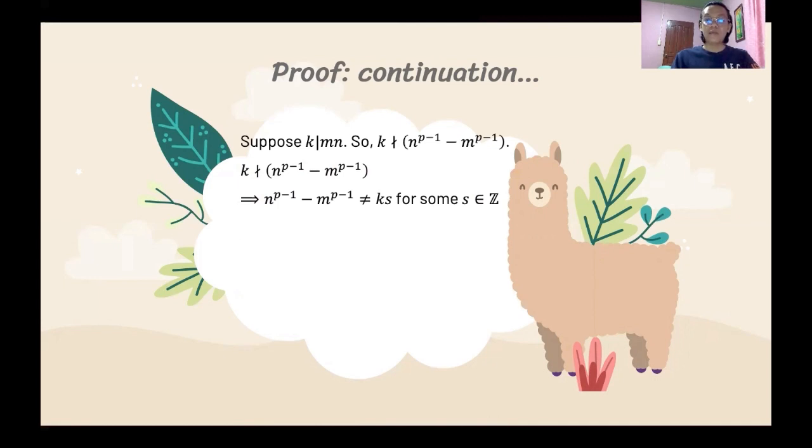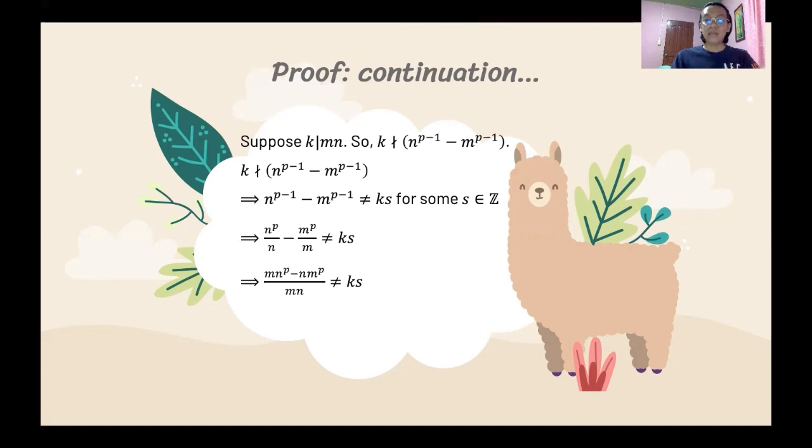Applying property of exponent, we have n raised to P all over n minus m raised to P all over n is not equal to k times s. Getting the LCD, we have m times n raised to P minus n times m raised to P all over mn is not equal to k times s.